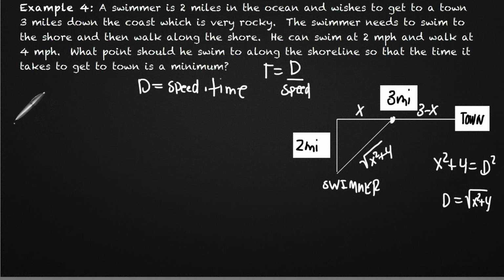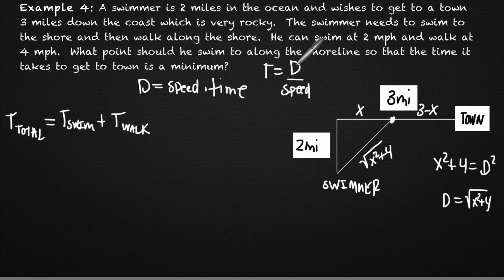All right, so what we want to do is write a little equation. The total time that it's going to take him to get from where he is to the town is going to be broken up into the sum of two times: his swimming time plus his walking time. So his swimming time can be written as the distance he has to swim divided by the speed he swims at.